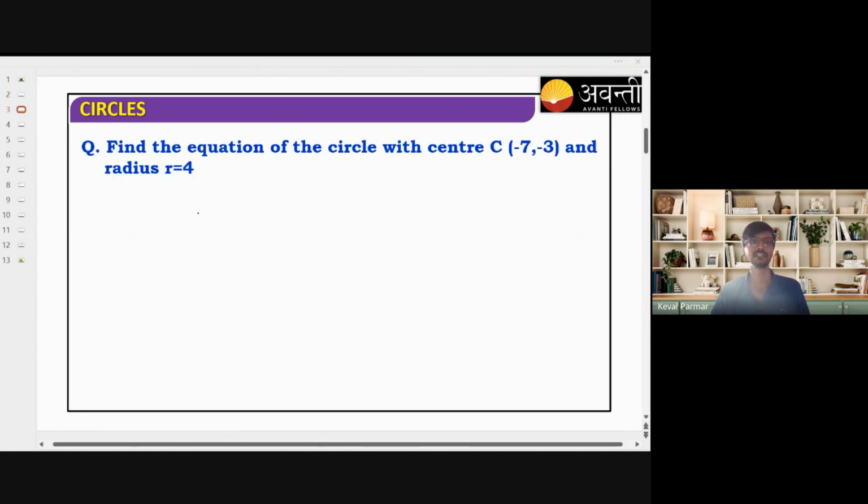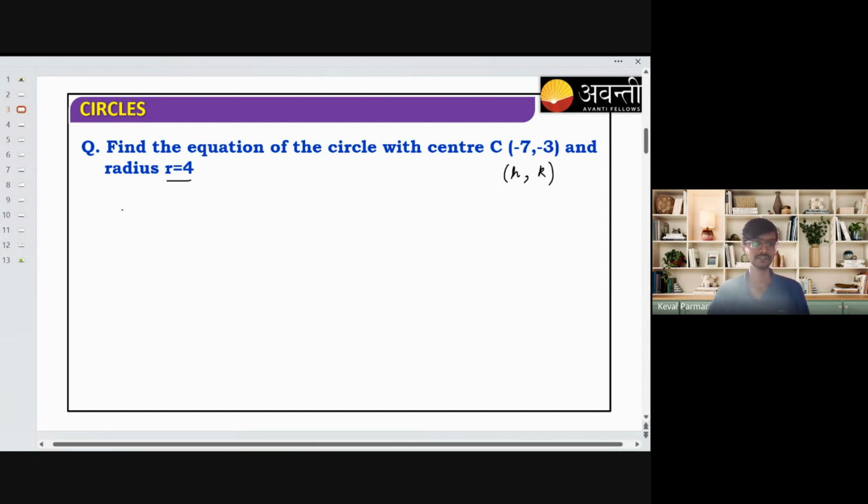Here is the first question. Let's see what we have here. Find the equation of the circle with given center and radius. Now we know that the center is basically h comma k, correct? So if the center is given and the radius is r, we can easily use the center radius form.